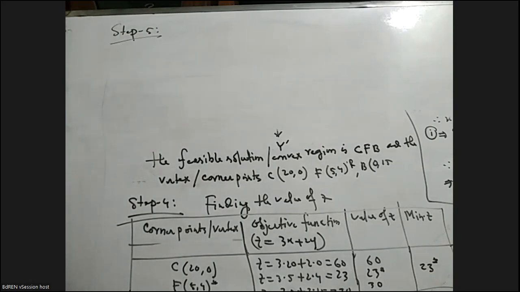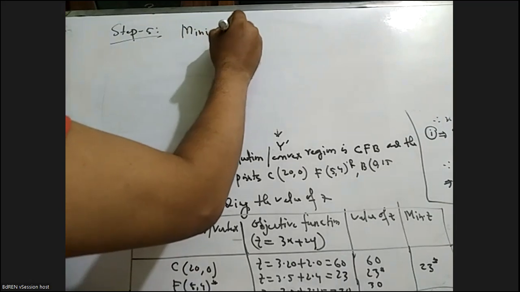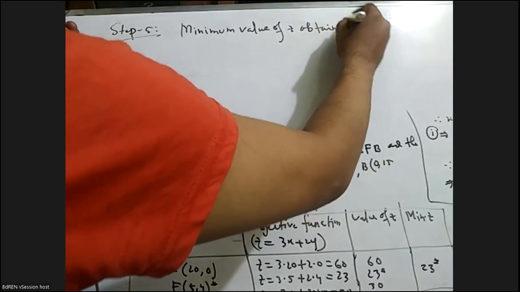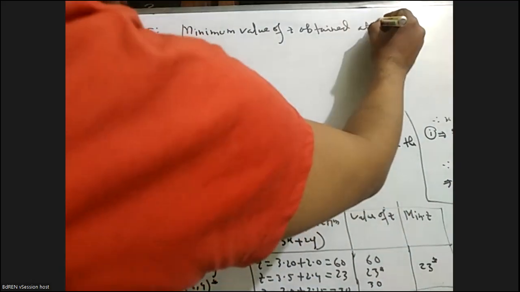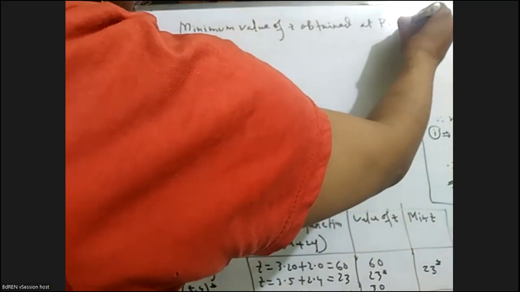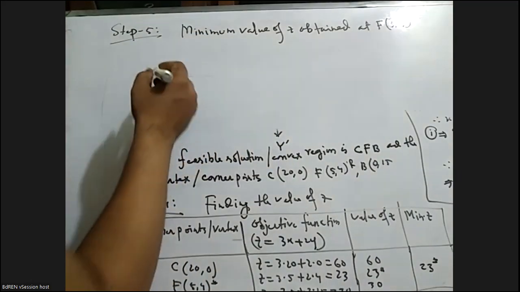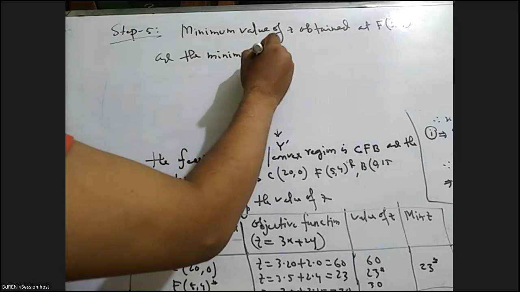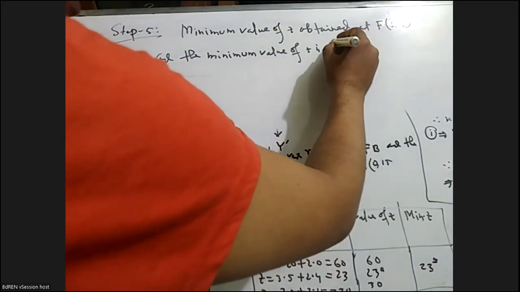Step 5: the minimum value of z is obtained at F point (5, 4), and the minimum value of z is 23.